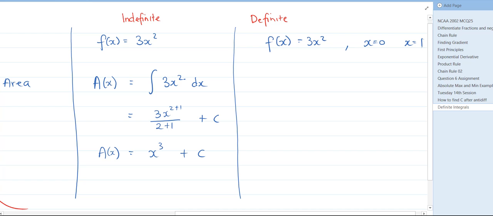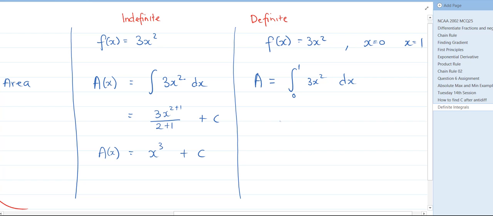Okay, now I want to know the area between those 2 points. Alright? Now what you're going to do is you're going to say, alright, well, same thing. The area is actually going to equal, between 0, which is a small number, up to the upper bound, 1, of 3x squared dx.